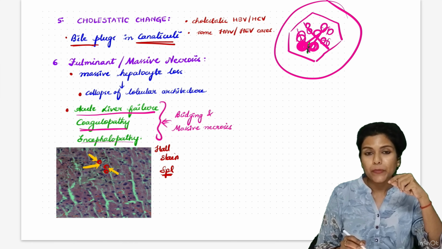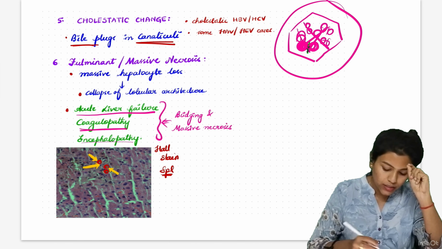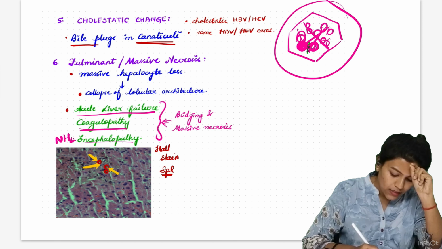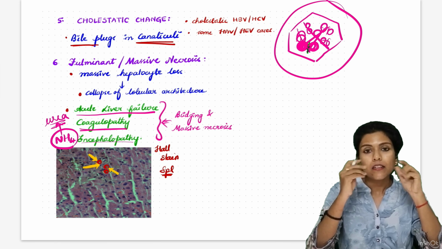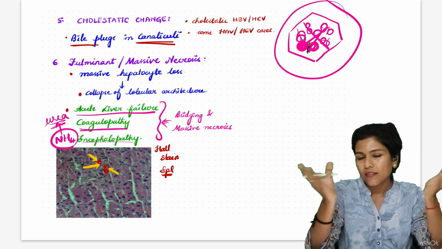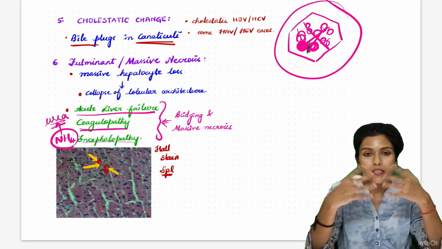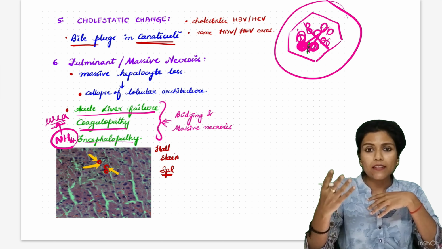Also encephalopathy, because the liver is the major detoxification center of ammonia. Ammonia is detoxified in the liver by the urea cycle. When the liver is damaged to such an extent in massive necrosis, the liver is unable to handle ammonia for detoxification. The ammonia levels will rise in the blood.